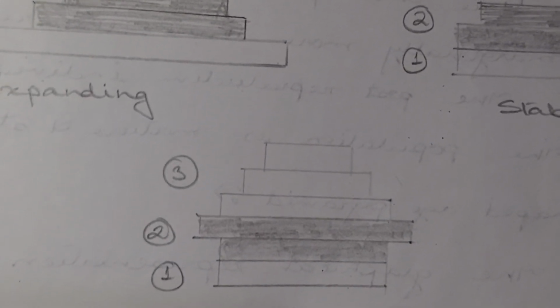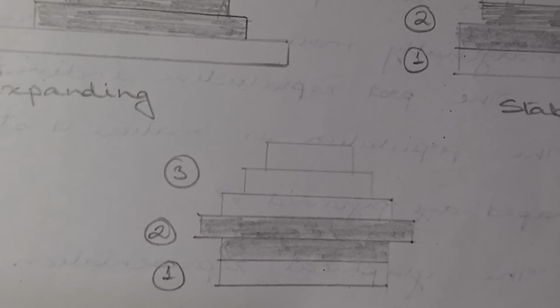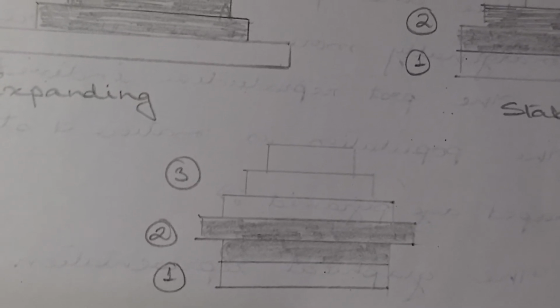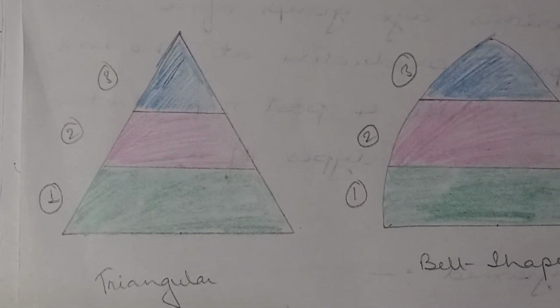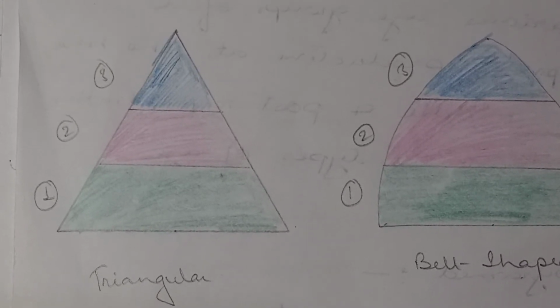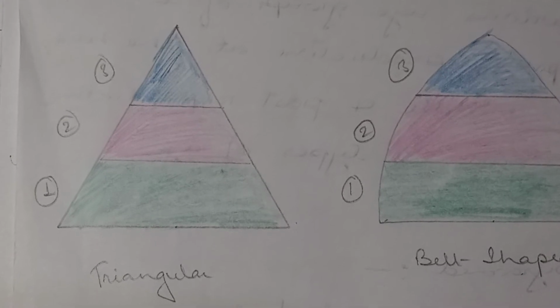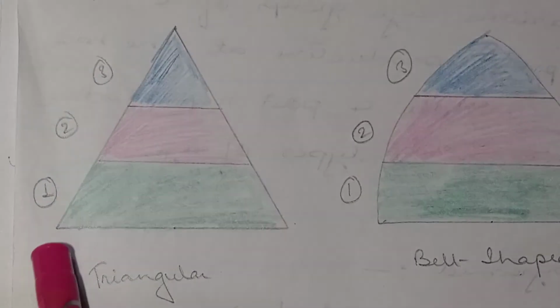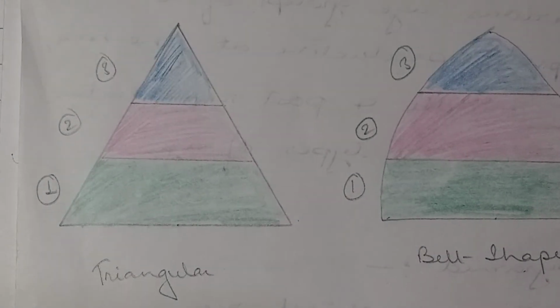Again, based on these three population age groups, we can represent them graphically, and this graphical representation is known as the age pyramids. An age pyramid is arranged according to the reproductive age groups: 1, 2, 3, pre-reproductive, reproductive, and post-reproductive.